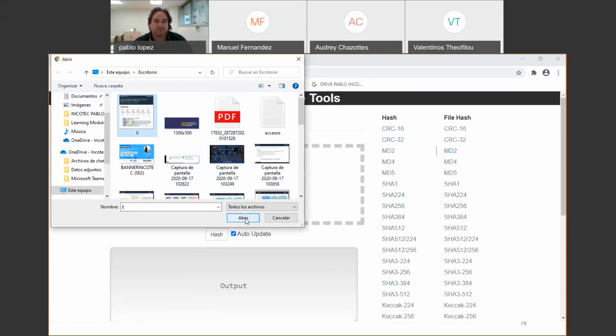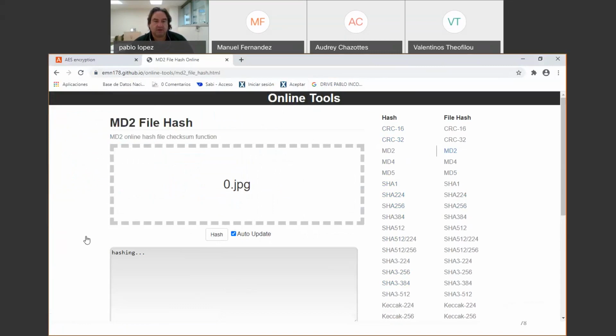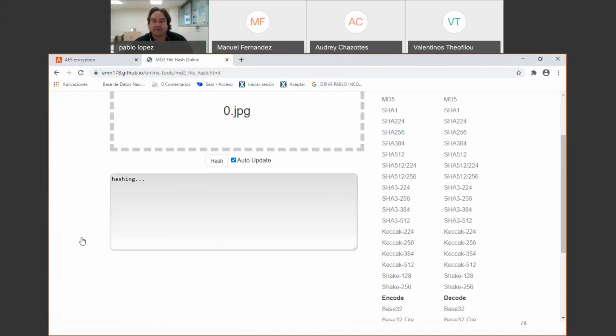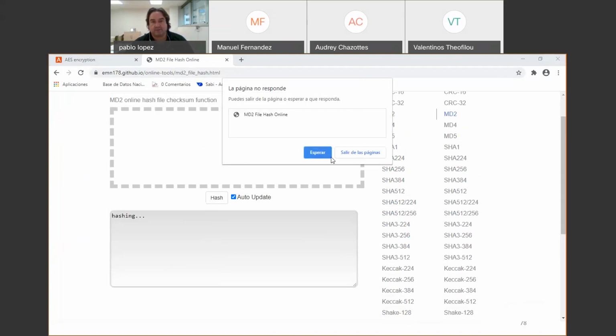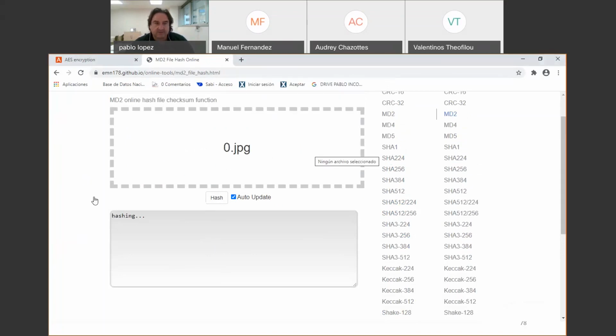Okay, we have here a picture, and it's creating the hash of a document. Once we create the hash of a document, we can send this hash to the blockchain. It was maybe a little bit big.